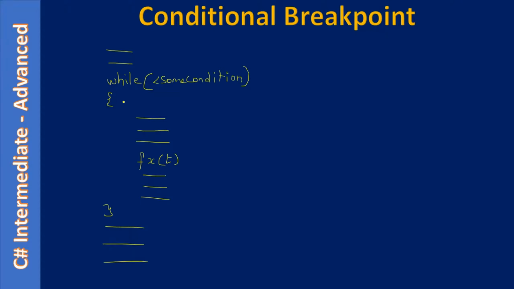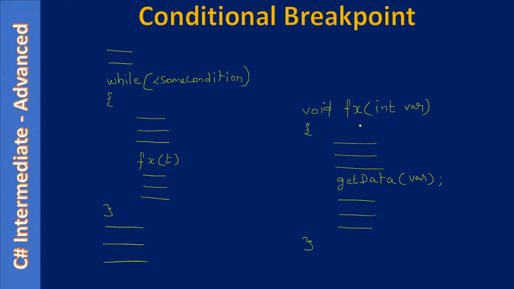So let us say we have a while loop. In that while loop, we are making call to a function fx by passing some variable content. Let's say the variable t is integer. If you look inside the function, the function void fx is receiving this t as integer parameter.